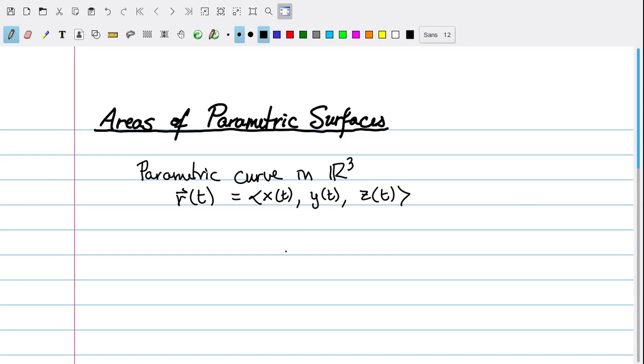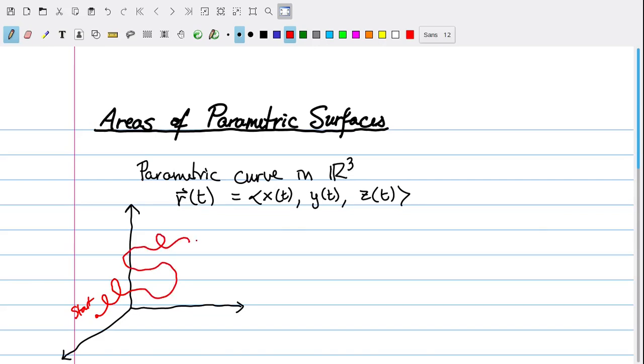And if I'm thinking about t as the time, then as t changes, I go from my starting point, and I could spiral around and do all sorts of fun and crazy things over three-dimensional space, depending on what the values of x of t, y of t, and z of t are, and end up somewhere at my ending time.